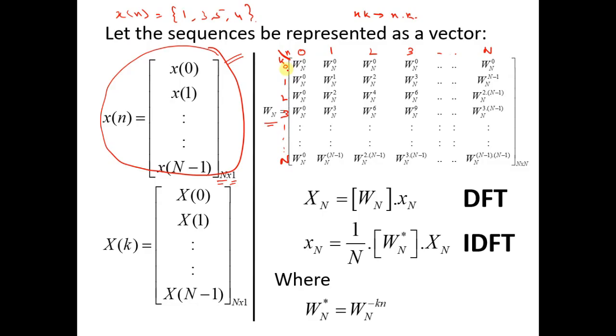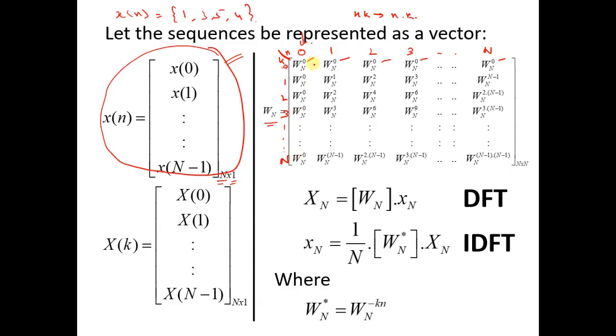So 0 multiplied by 0, we have 0. Then 0 multiplied by 1, 0. Again 0 multiplied by 2, 0. 0 multiplied by 3, 0, and so on. Anything raised to the power of 0 is 1. Similarly, in the first column also, everything in the superscript is 0.